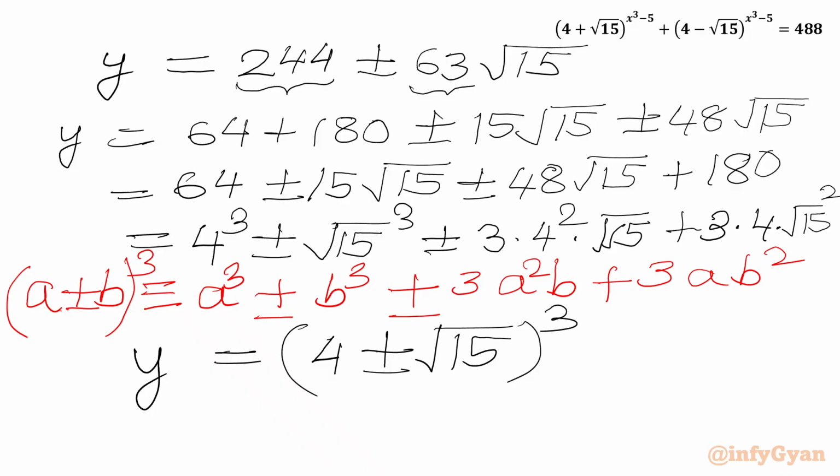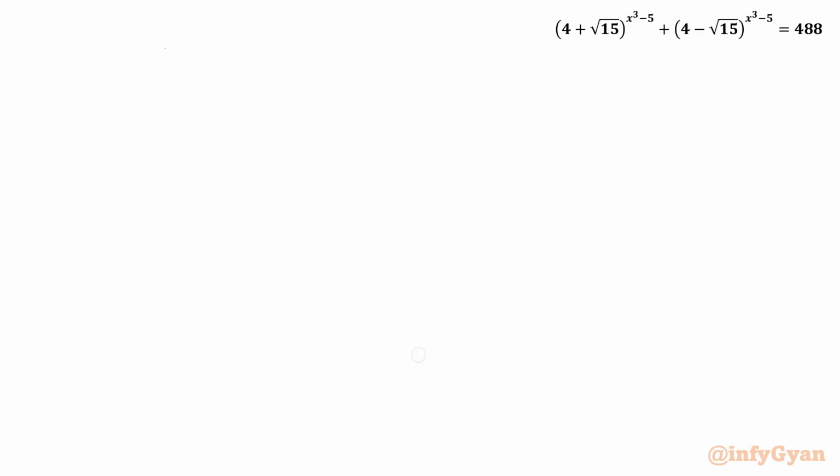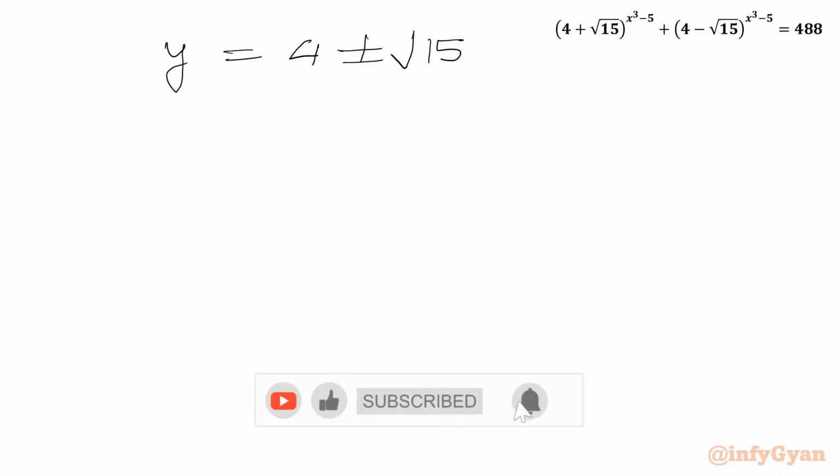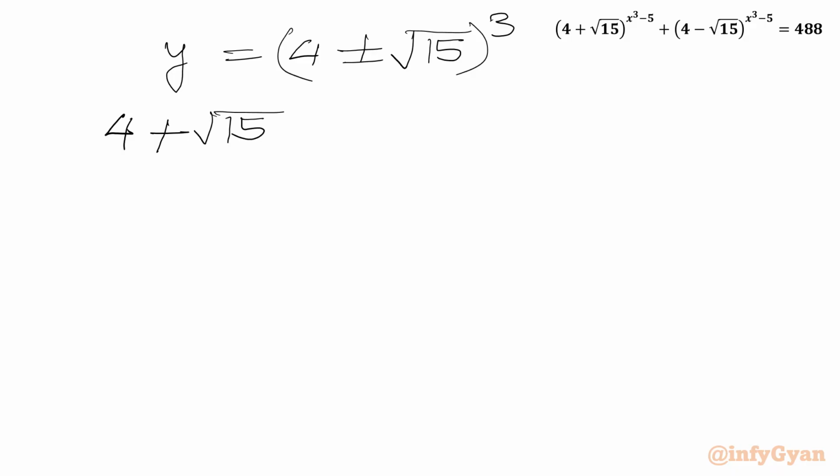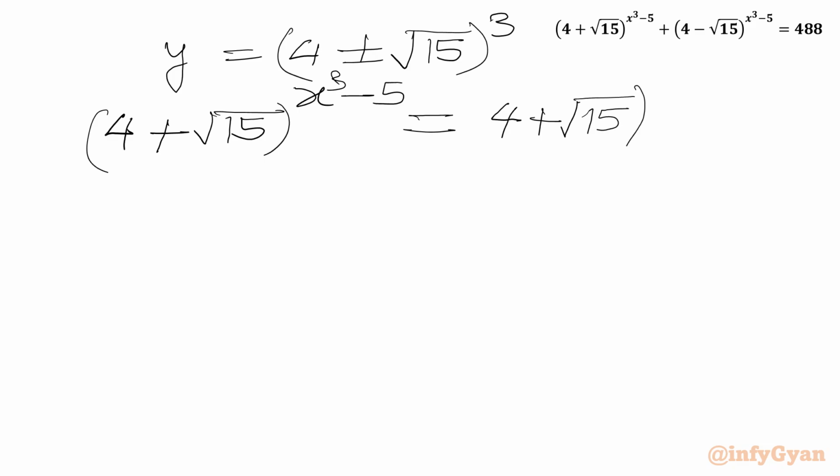Now Y was our substitution. Let me write here Y equal to 4 plus minus square root 15 whole cube. Y was 4 plus root 15 with power x cube minus 5. So Y equals 4 plus root 15 whole cube with a plus sign in between, and 4 minus root 15 whole cube with a minus sign in between.